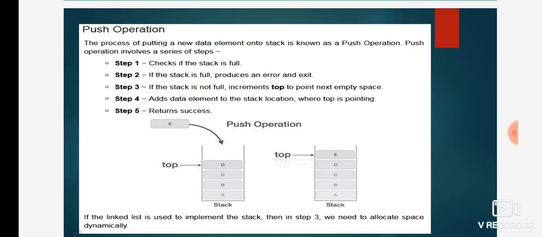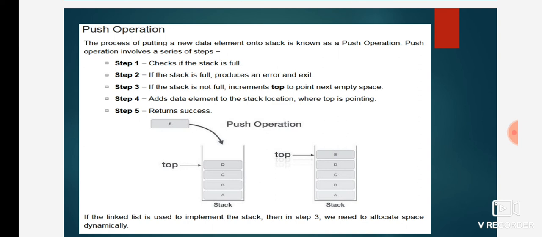The next one is the push operation. The process of putting a new data element onto the stack is known as a push operation. A push operation involves a series of steps. First step: check if the stack is full.